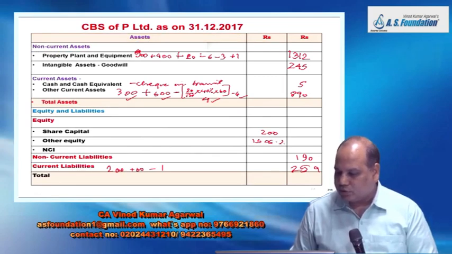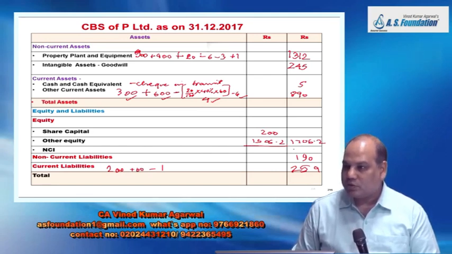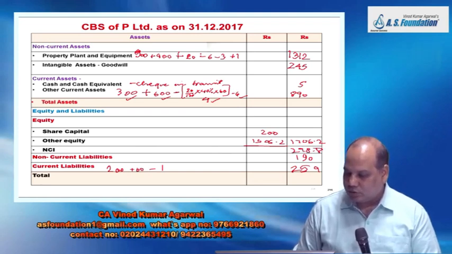Total of this 2 is how much? 1706.2. NCI was how much? 296.8.